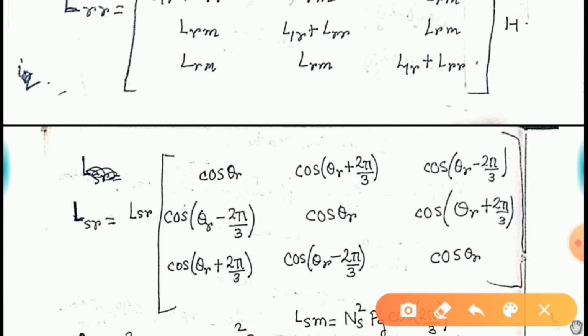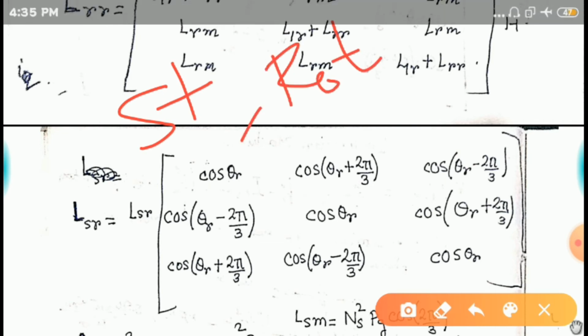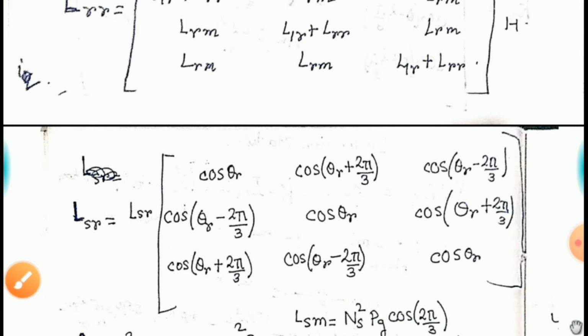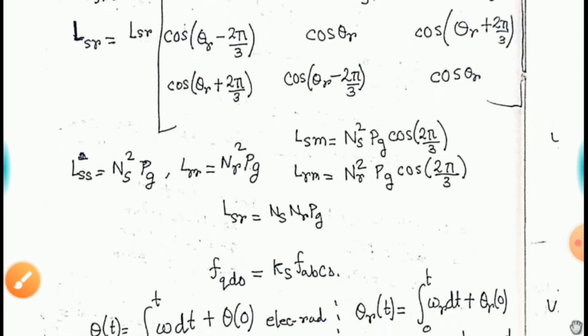So it is a bridge between stator and rotor. So obviously it will depend on their corresponding or intermediate alignment, and that is why this is always dependent on theta r.